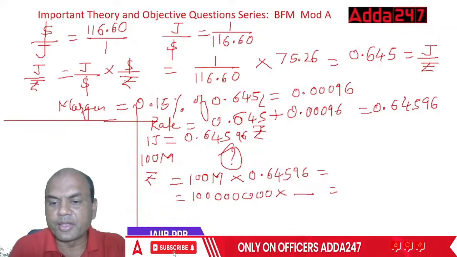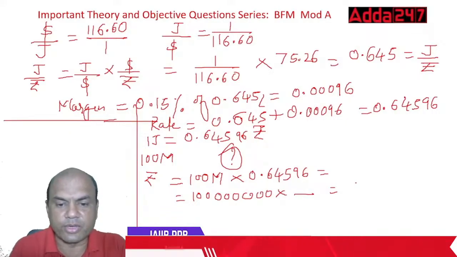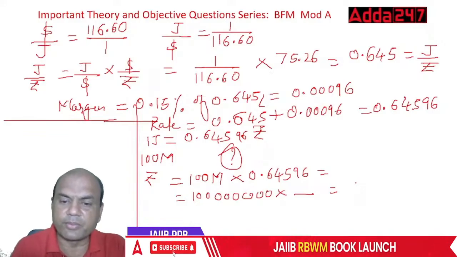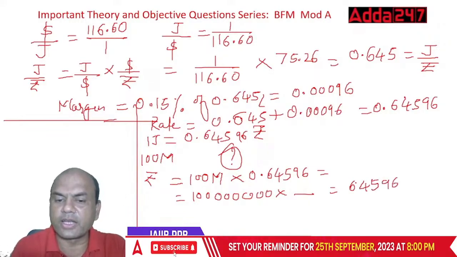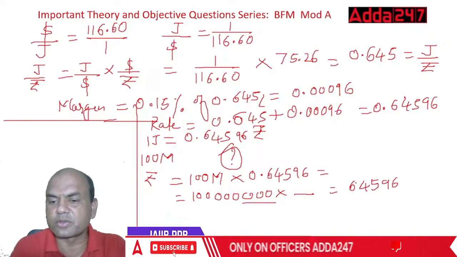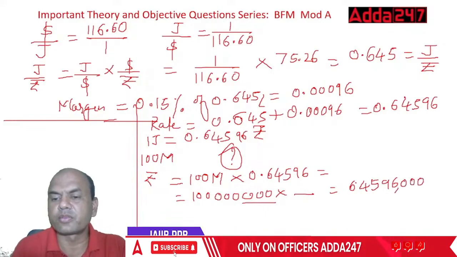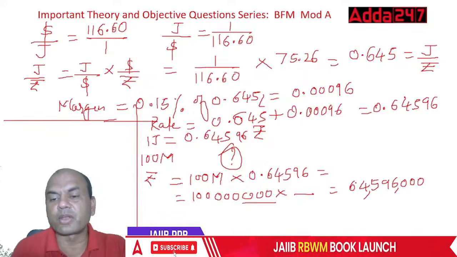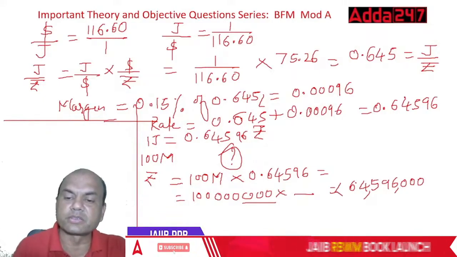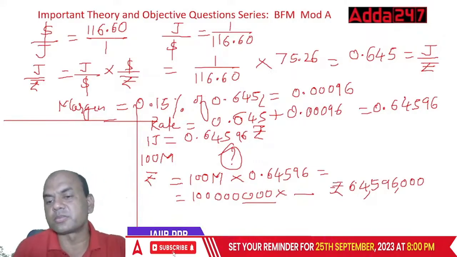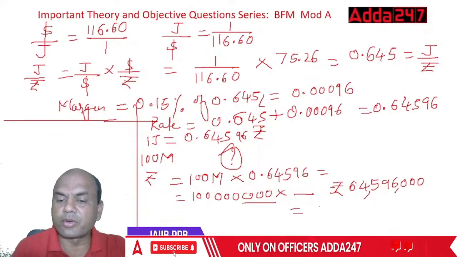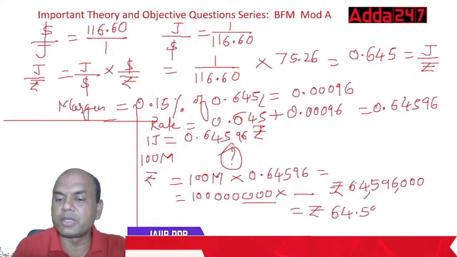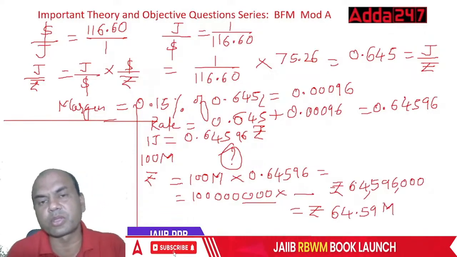It will be 64596 and then 3 zeros, so it will be 64 million. This is the amount I'll be debiting to the customer in rupees. If they ask you in million, it will be rupees 64.59 million.